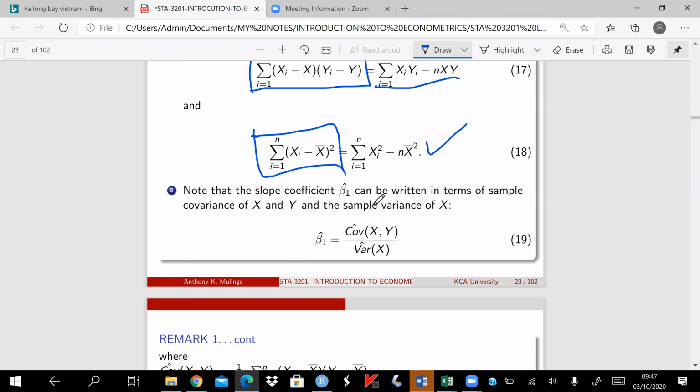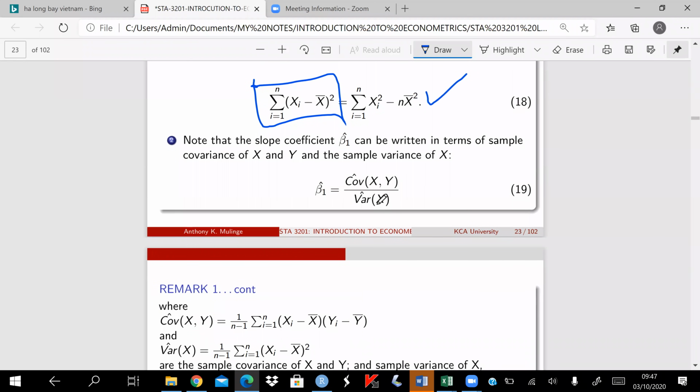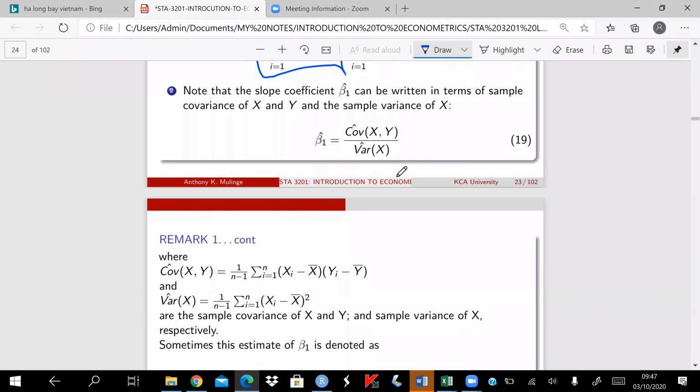Then we can also express beta 1 as a ratio of covariance of x and y divided by the variance of x. If you recall, I think I've given those things here.